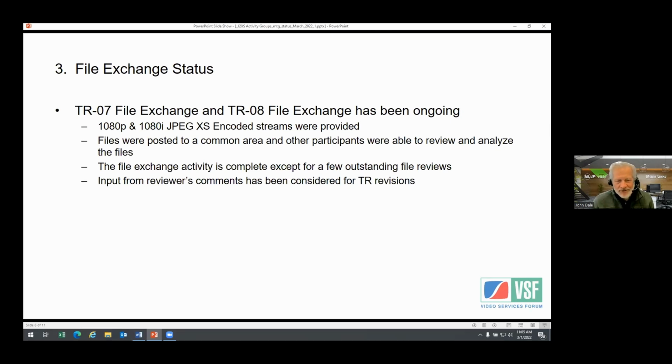The file exchange activity is complete in terms of posted files. There's still a few outstanding file reviews. Input from the reviewers' comments has been considered for the TR revisions, and that's kind of an important point, that we wanted to take the TRs as they are and try to work them and see if there were any issues with the content in the TRs.